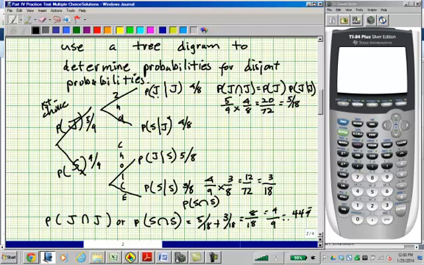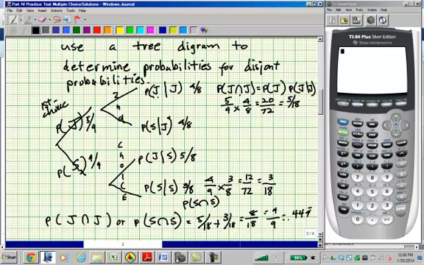Now the probability you got 2 seniors, senior and senior, is going to be the probability of getting a senior the first time, 4 out of 9, times the probability you got a senior the second time, given you got a senior the first time, 3 out of 8, or 3 out of 18, for a total of 8 out of 18.